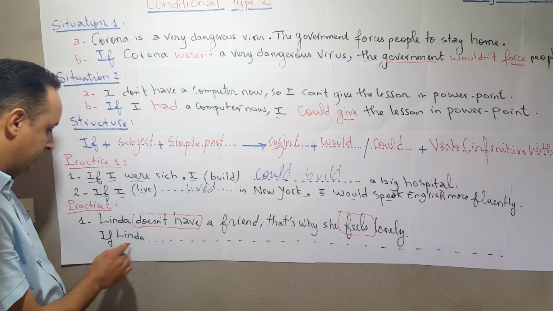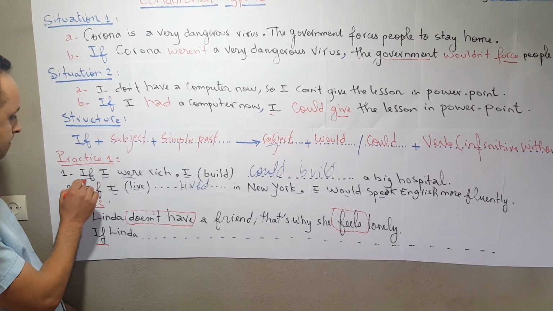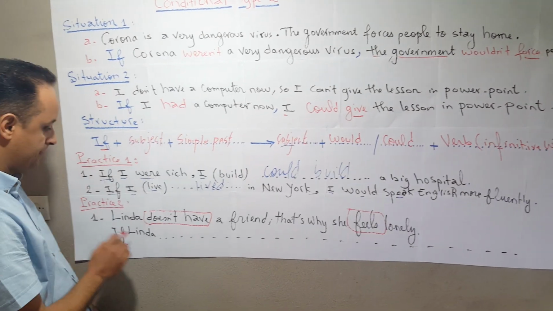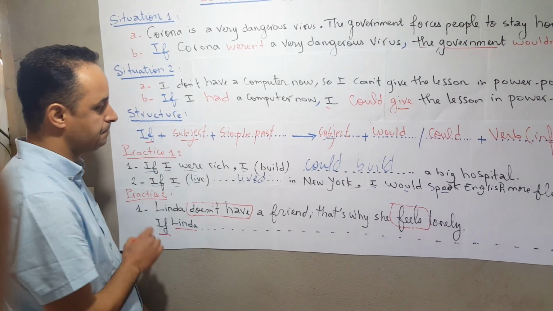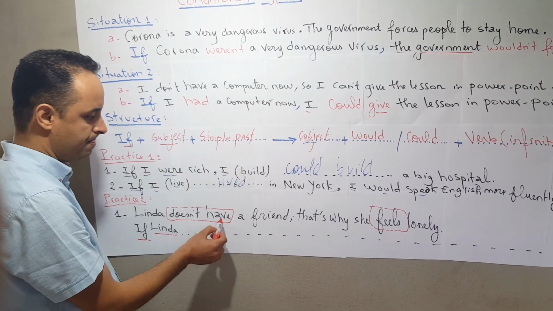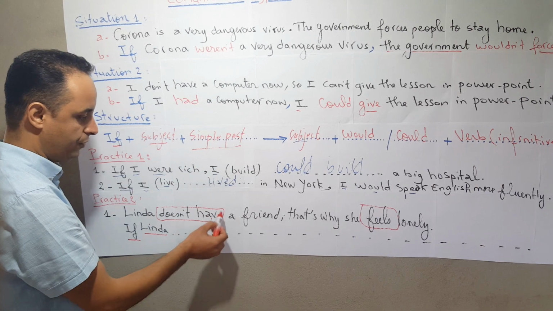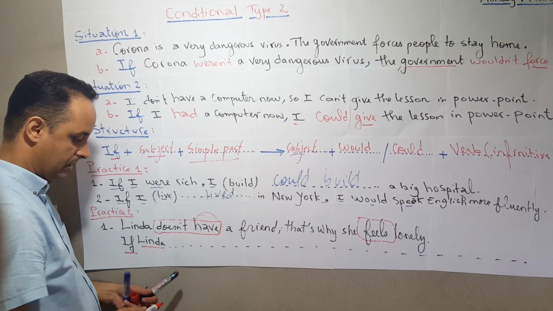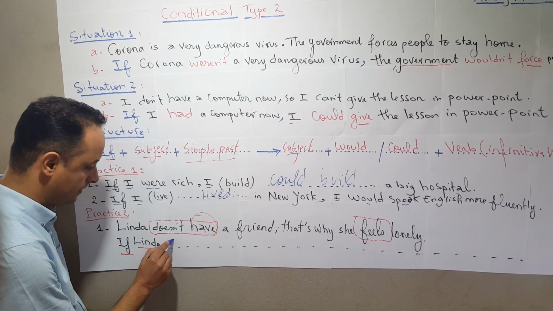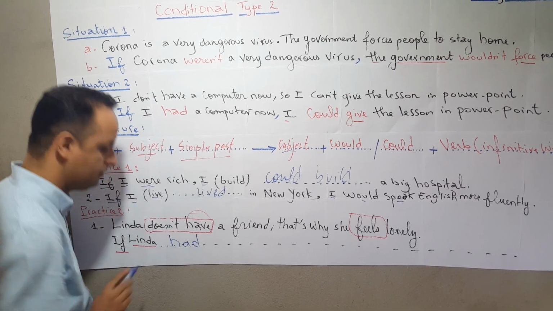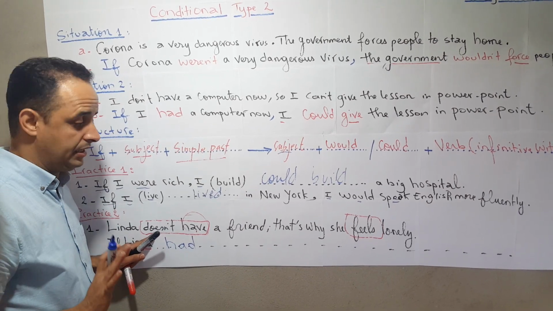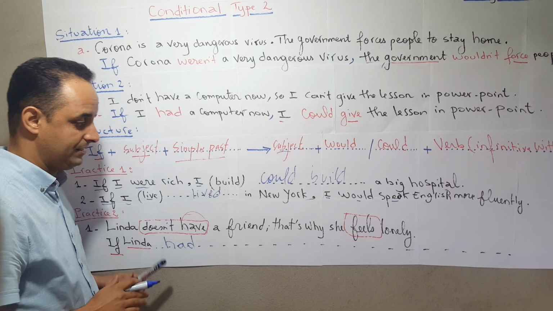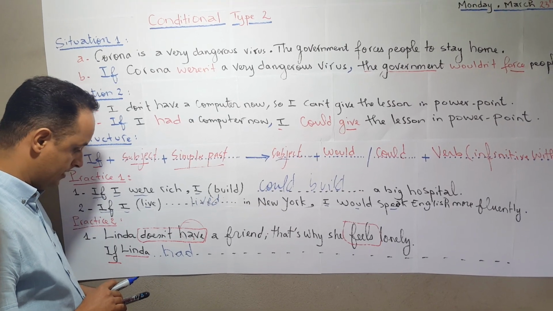Great. So "if Linda," that's "if," and "Linda" subject, we need to use the verb in the simple past. The verb "have" in the simple past is "had." "Doesn't" expresses the negative form in the present simple, so we don't use it in the conditional type 2.